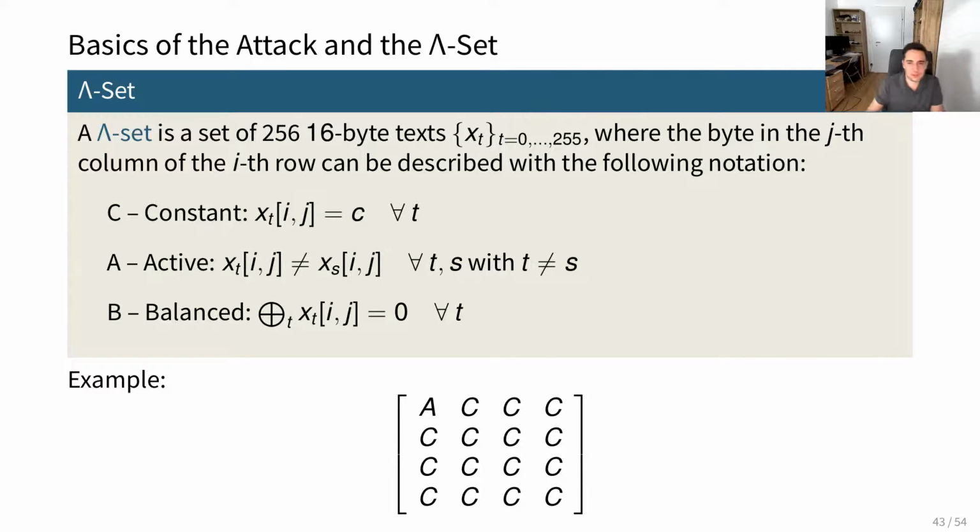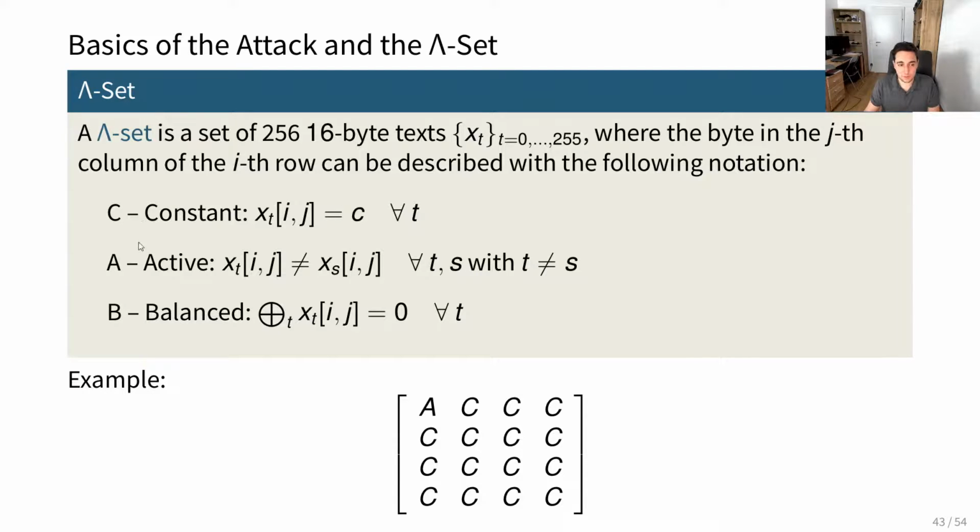It's either constant, which means that the byte is the same for all of the 256 plaintexts, for example 0x10 at a certain position for all 256 plaintexts. Then we call it C.